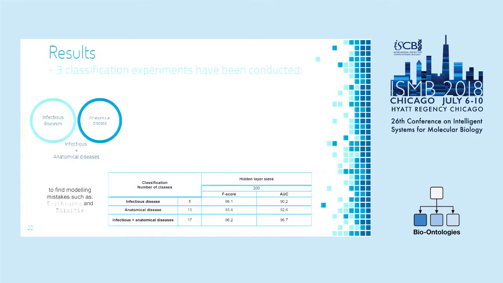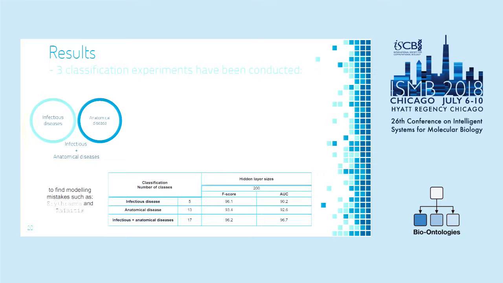And with that, we still have a high result, higher than 96 in terms of F-score and AUC. The last experiment that we did is we combined both classes, infectious and anatomical, in order to test the complexity of our method and how robust it is on a harder problem.